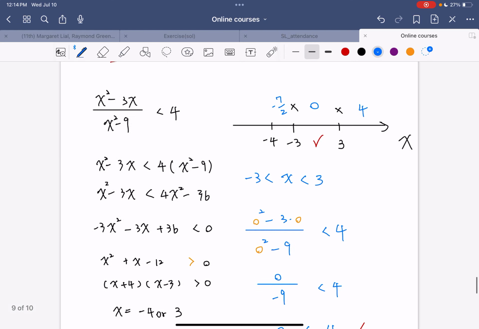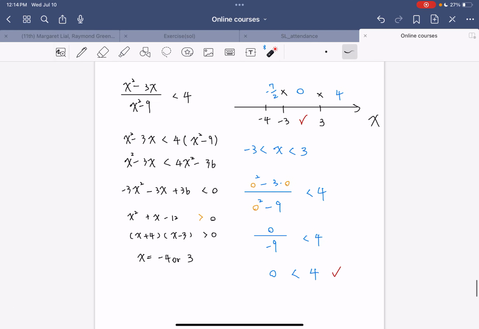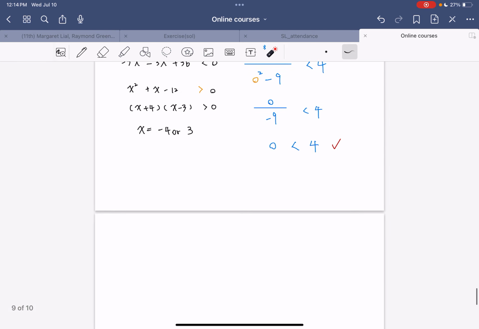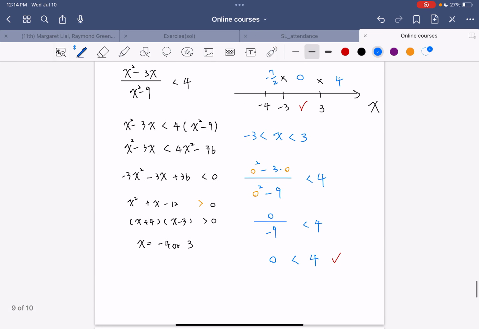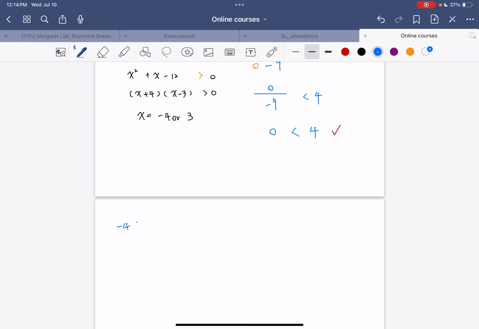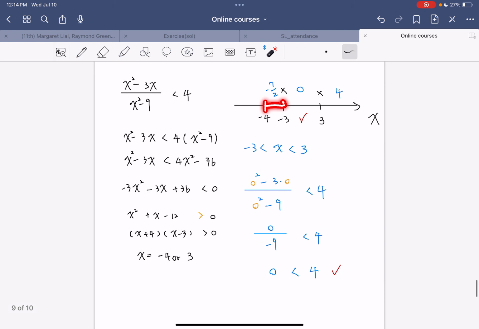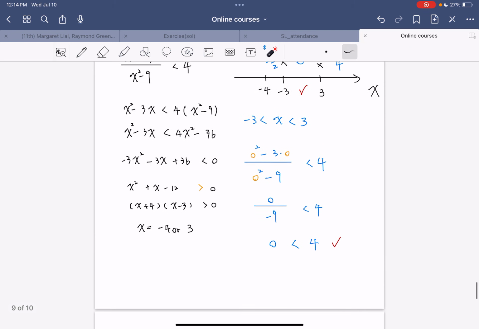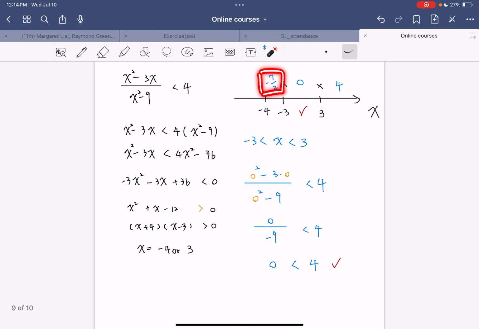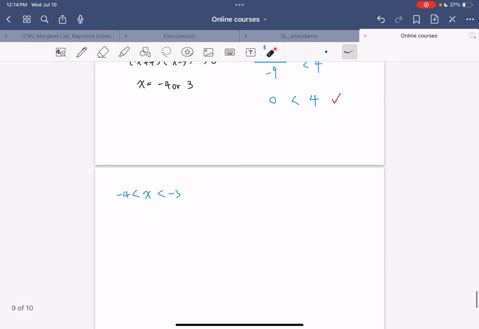So, here we're going to verify this area first. This is the area of minus 4 less than x less than minus 3 here. And the number we use is minus 7 over 2.